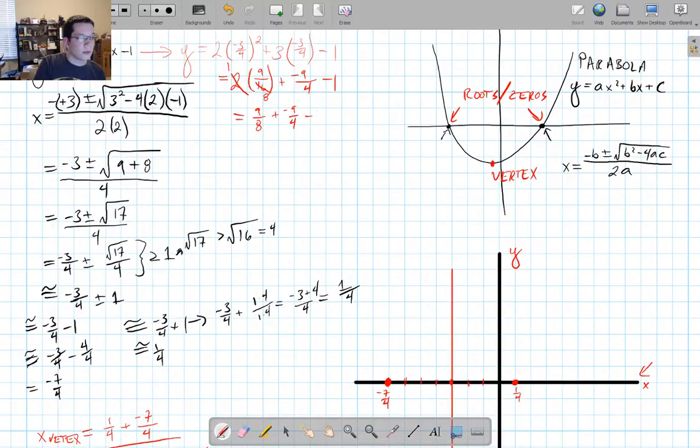4, minus 1. Now we can turn all of these into eighths really easy. So we're going to do 9/8 plus, that's times 2, that's times 2, that's times 8 over 8. So 9 plus negative 18 over 8 minus 8 over 8.